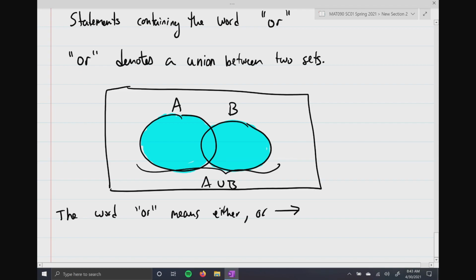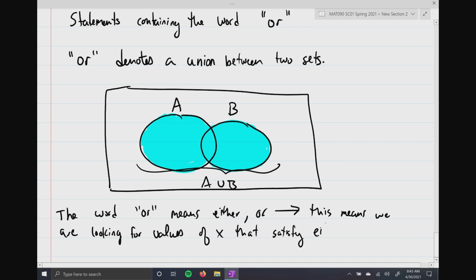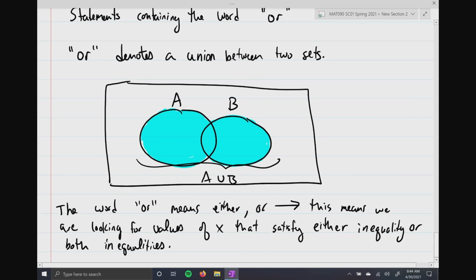And what this means, we are looking for values of x that satisfy either inequality or both inequalities.